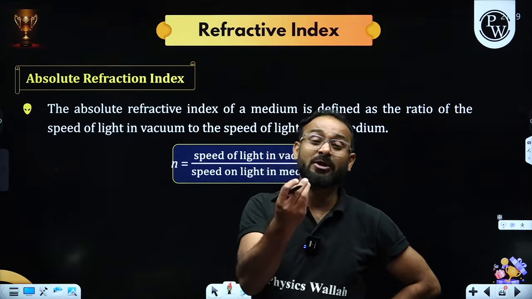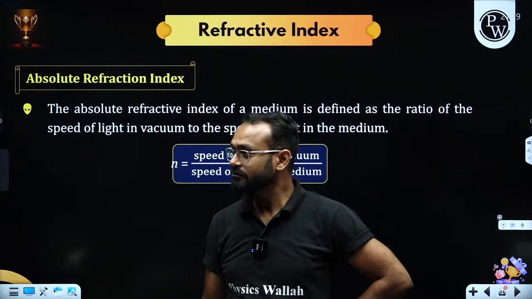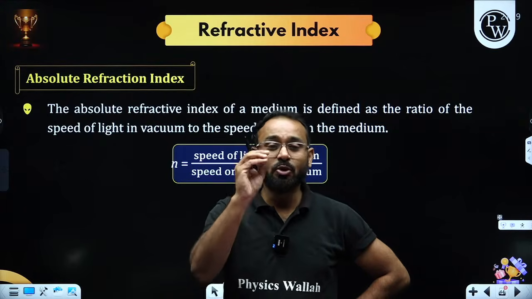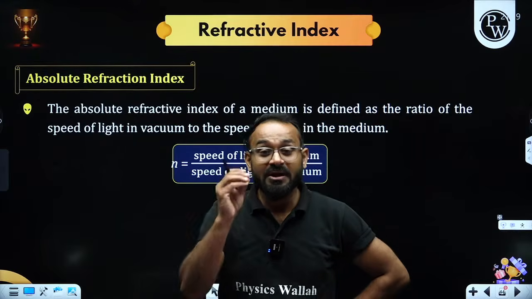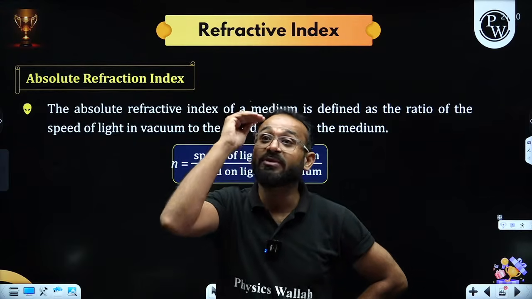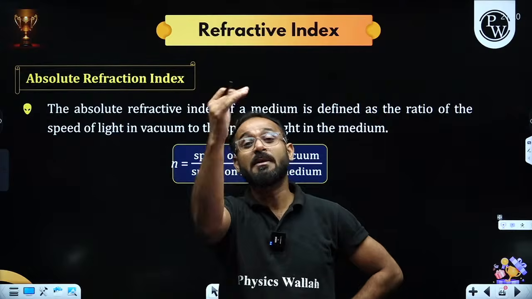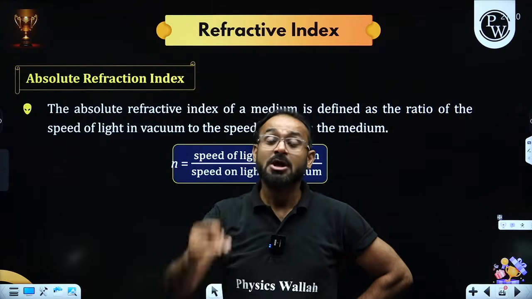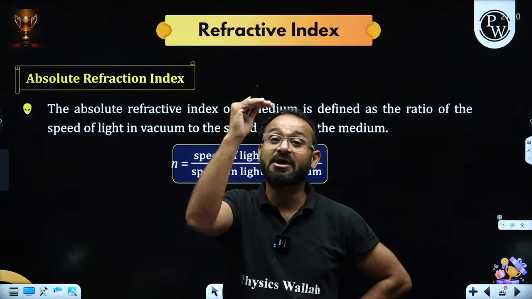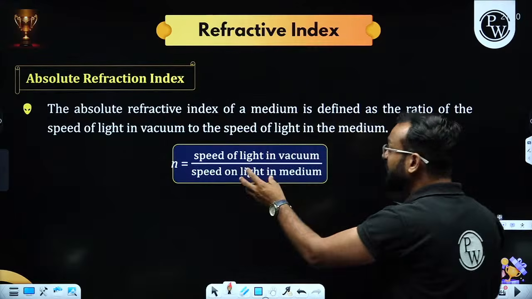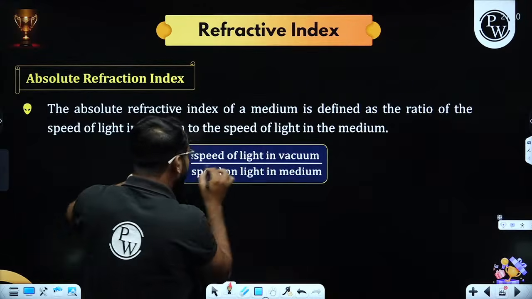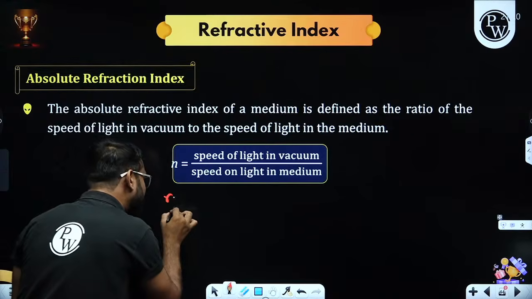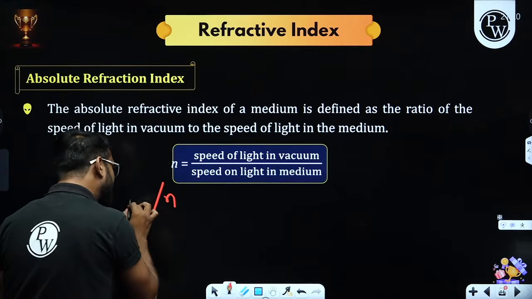Because in absolute refractive index, we are taking the speed in vacuum, that is the maximum speed of light that we are considering. The refractive index is represented by n, sometimes mu.